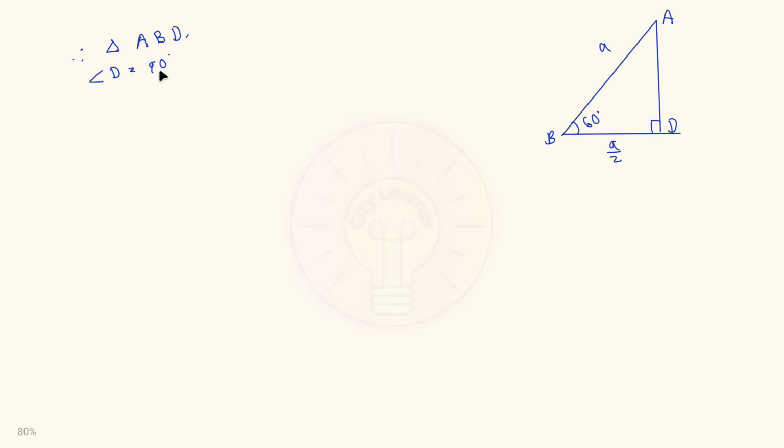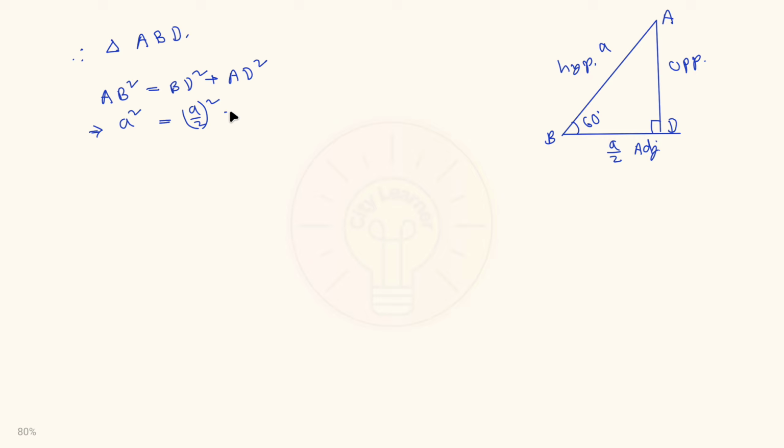From the Pythagoras theorem, we can find out the length of AD. So hypotenuse AB square is equal to base BD square plus perpendicular AD square. AB is A, BD is A by 2, and AD we have to find out.